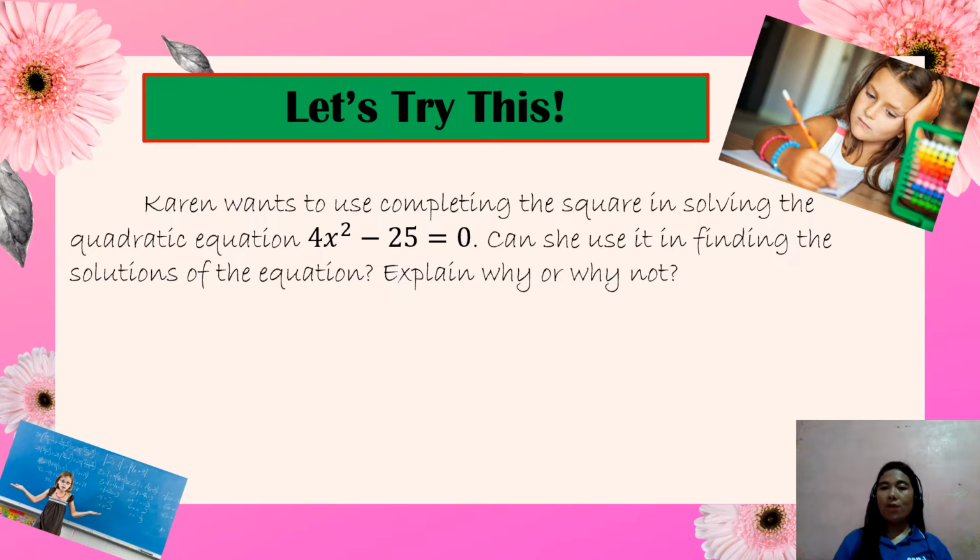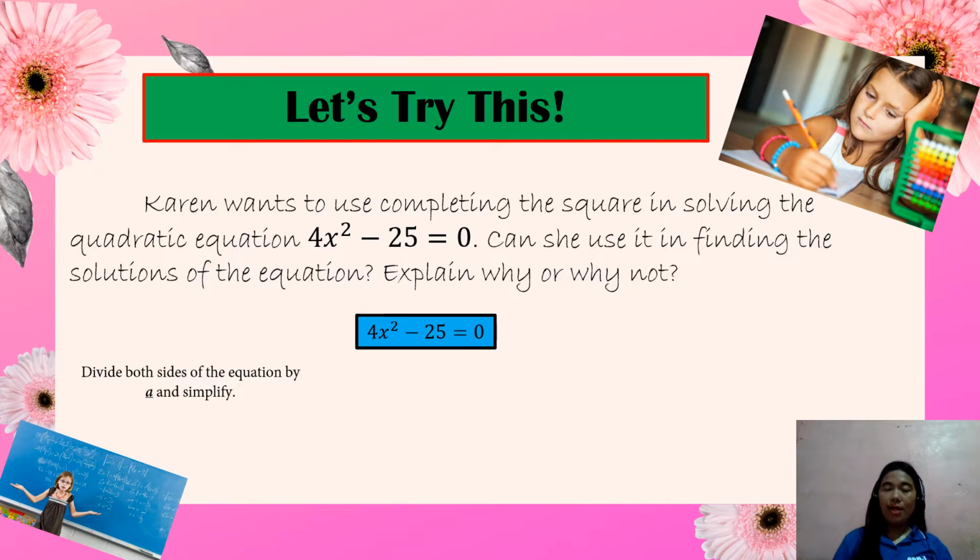Now, how do we solve this using completing the square? Alright, so here we go. Let's go back to the process. So the given was 4x squared minus 25 equals 0. Now the first step of solving this by completing the square is to make a equal to 1, or divide both sides of the equation by a.